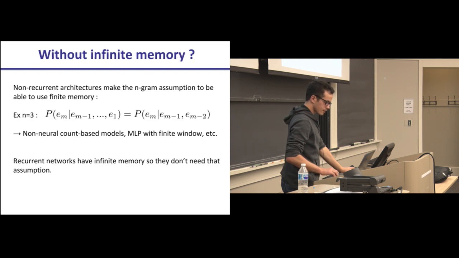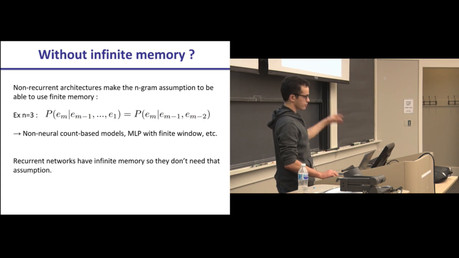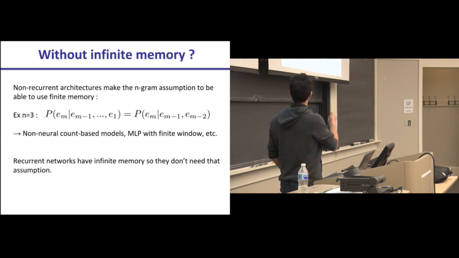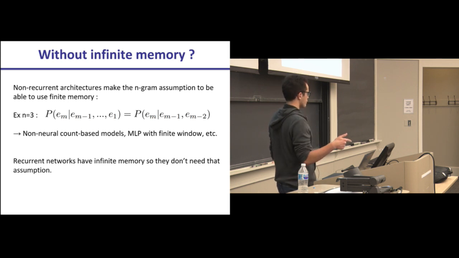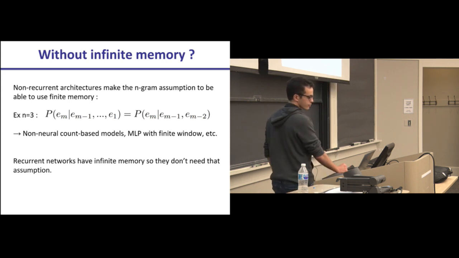Yes. All right, so just out of curiosity, RNNs can do that pretty well because they have infinite memory. So when you want to predict EM with respect to everything that was before, you need to know everything that was before. So you need infinite memory for that. But when you don't have that, you usually use the n-gram assumption, which if you've done any NLP, you know what an n-gram is.